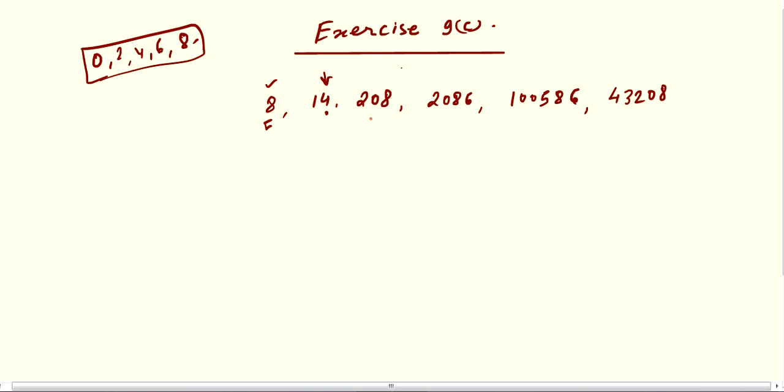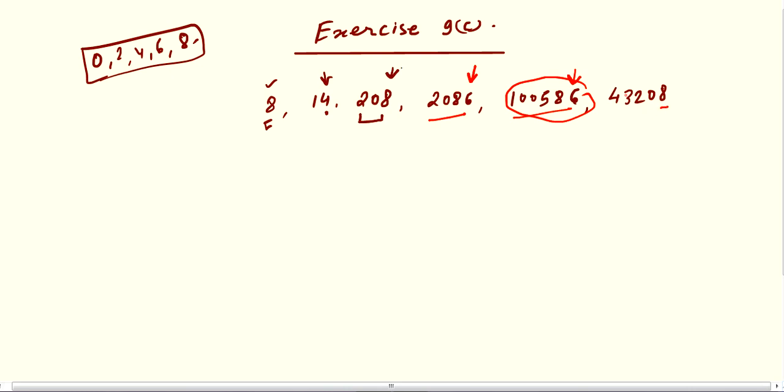So next is 208. The last number is 8 and 8 is divisible by 2, that means 208 is divisible by 2. Next is 2086. The last is 6 and 6 is divisible by 2, that means this number is divisible by 2. Again the last is 6, so this number is divisible by 2.